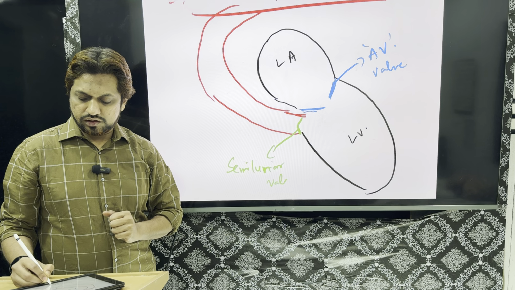Now the ventricle, when it is relaxing, this atrioventricular valve is still closed, but there is closure of the semilunar valves. Why there is a closure of the semilunar valves during this period is, as it is relaxing, the pressure in the ventricle still goes down, and it will go lesser than the pressure in the aorta.